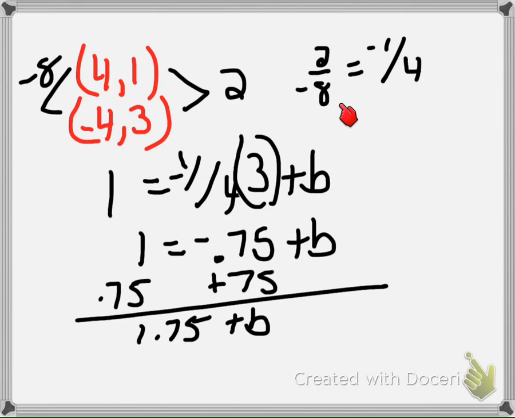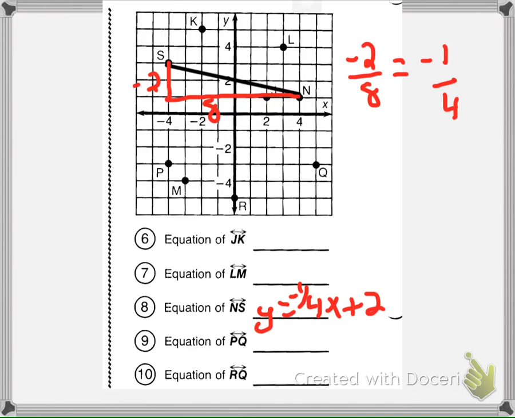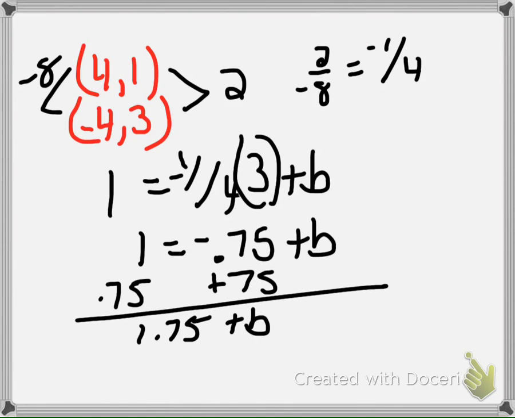I know that's right. 2 divided by negative 8 is negative 0.25. Negative 0.25 times 3 is negative 0.75. So we added that. So I think it's just because my line maybe wasn't as straight as it possibly could be. So the equation really is y equals negative 1/4 x plus 1.75, not 2.